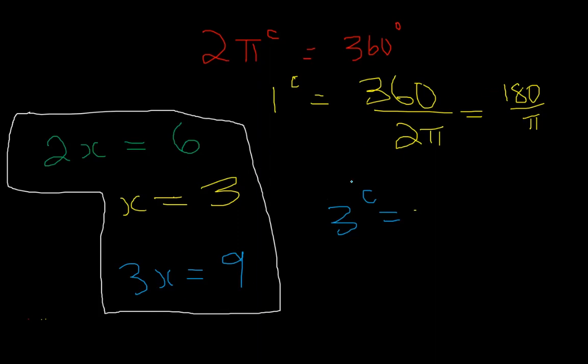Same concept we applied here applies here. If 1 radian is 180 on pi, how much is 3 radians? Anybody? That would be 180 over pi times 3. Yep, exactly. Good job.